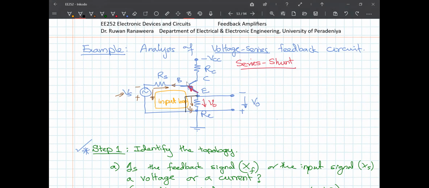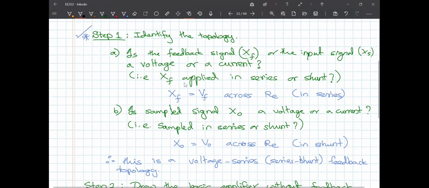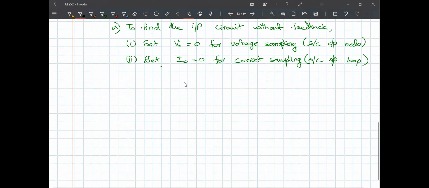So you connect a short circuit between this and that. So that will give me my input circuit. So my new input circuit will not contain RE. Okay, so that's basically what I'm going to do. So I have the input circuit achieved like this.